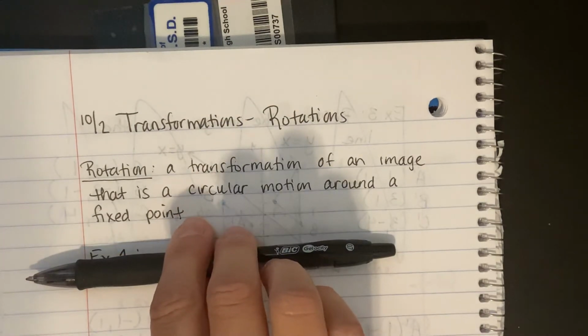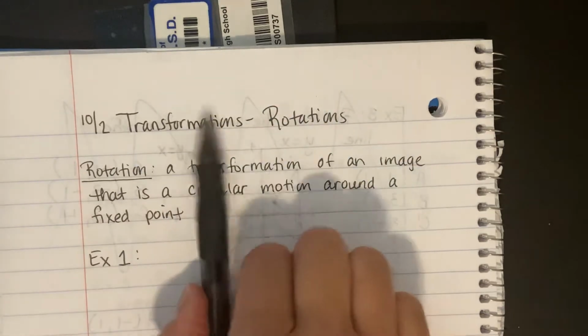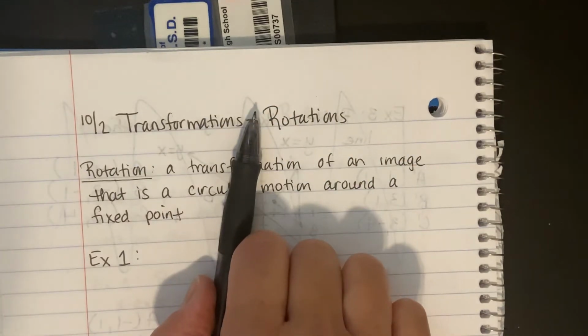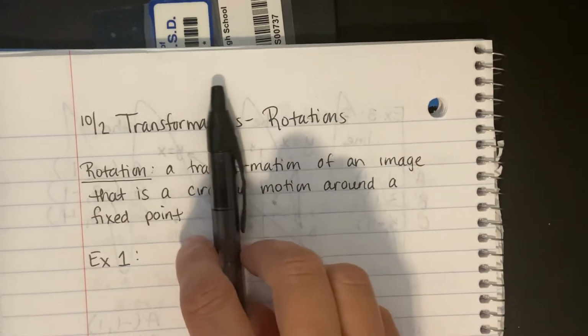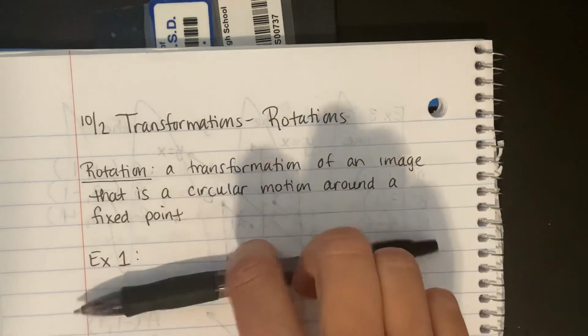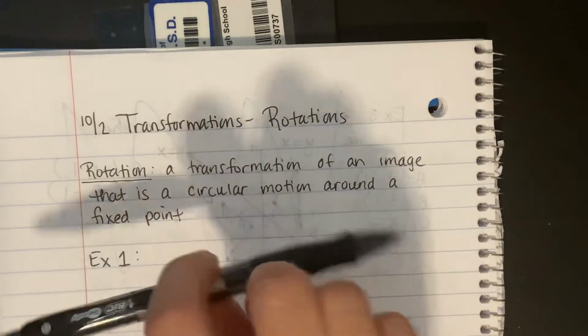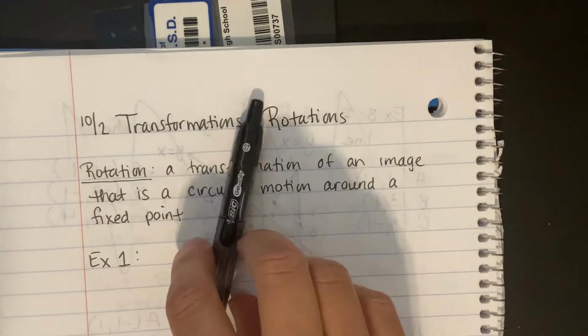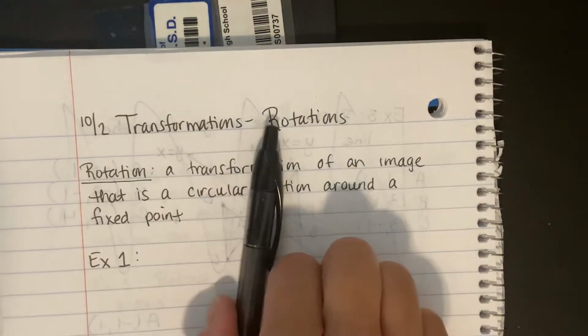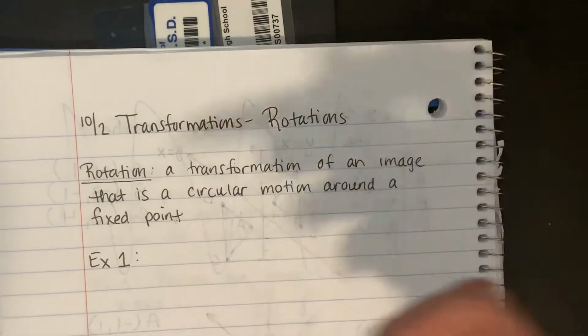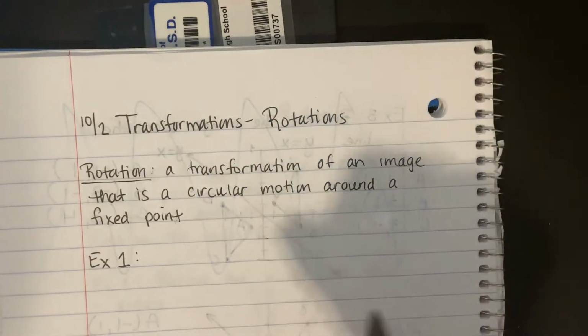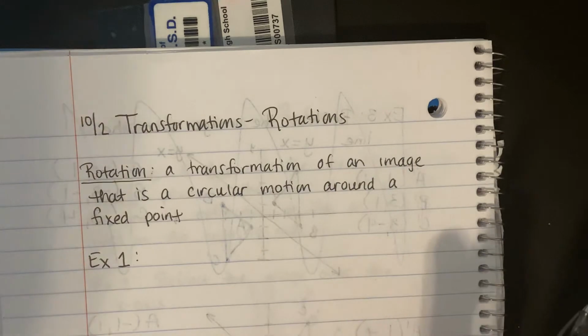A 180 is if you turn around and face backwards. 270 is where you face the side, go backwards, and then go to the other side. And then 360, hopefully y'all know what that means. It's if you make a complete circle and you're back where you started. So we're gonna be rotating it just those 4 degrees, so they wouldn't get any other one, I promise.